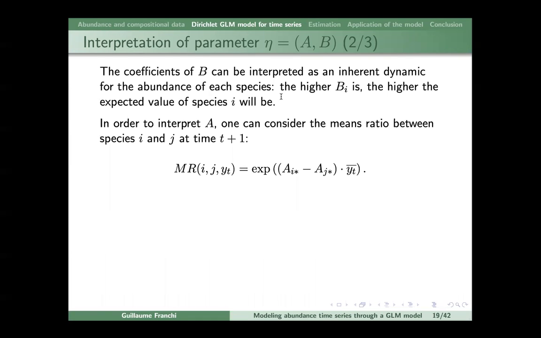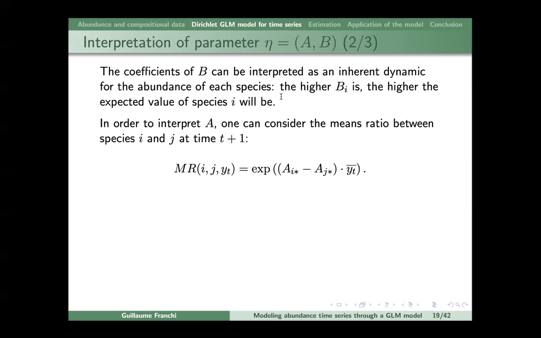If we want to interpret A, I will consider the expected means ratio. What I mean here is MR between species I and J and the initial abundance YT, which is just lambda I with parameter eta and initial abundance YT divided by the expected mean of species J. It is given by this exponential.